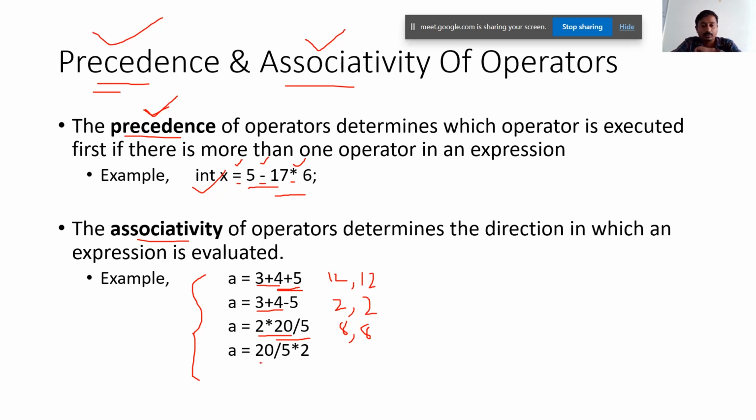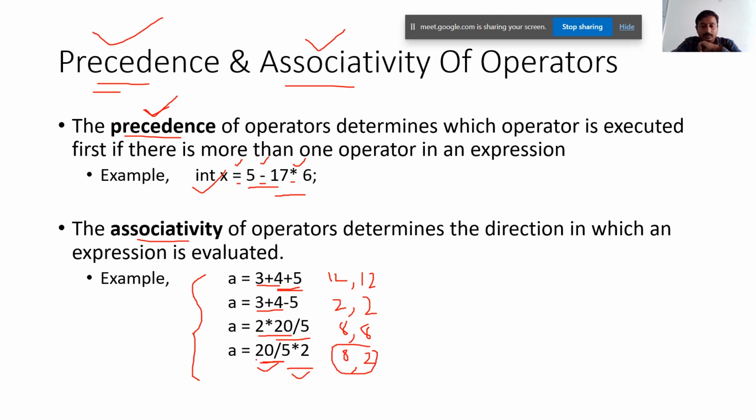Now what about this example? If we execute 20 divided by 5, we'll get 4. 4 into 2 will be 8. Okay, and what if we execute this first? So it will be 5 into 2, that is 10, and 20 divided by 10 will be 2. So now in this example, the order of execution matters.